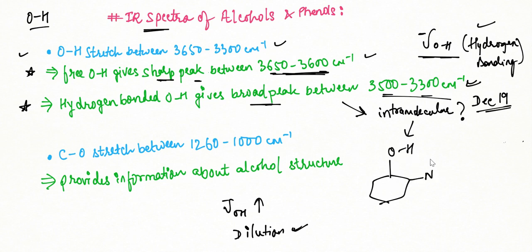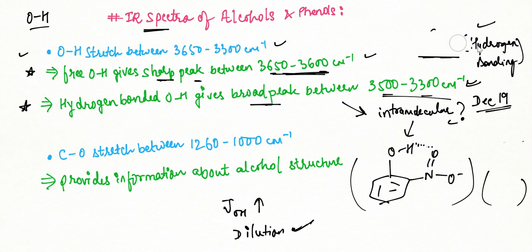There is an acidic hydrogen right over here in the molecule, and there is an oxygen which is forming the hydrogen bond, and it is intramolecular. So the whole molecule is already isolated from another similar molecule. The intramolecular hydrogen bonding is not going to be affected by dilution.